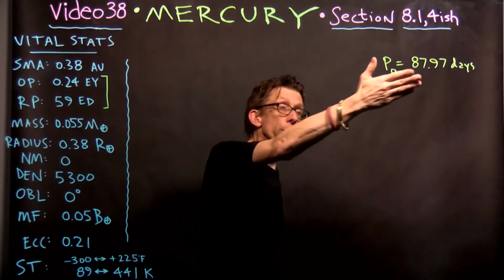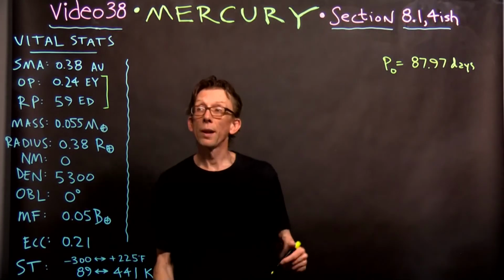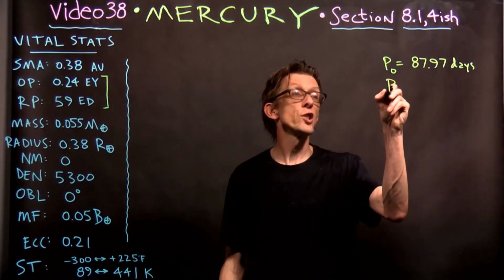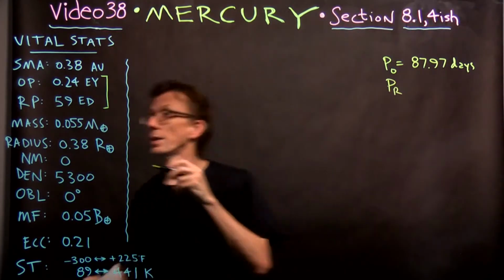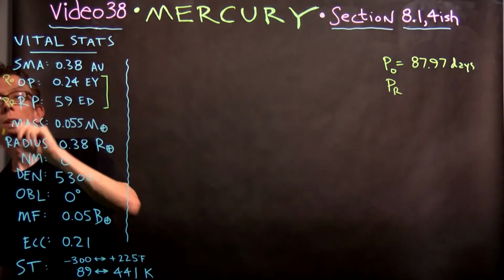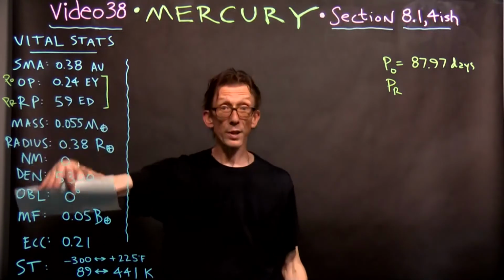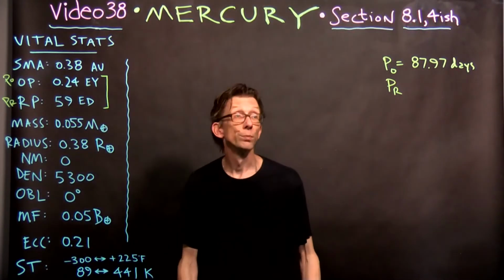That's about a fourth of a year, right? So that's the orbital period, and if you compare that to the rotational period, another way of writing this is P_O and this is P_R, same thing. I just wrote them on the blue list to match what you've got on your planet table.